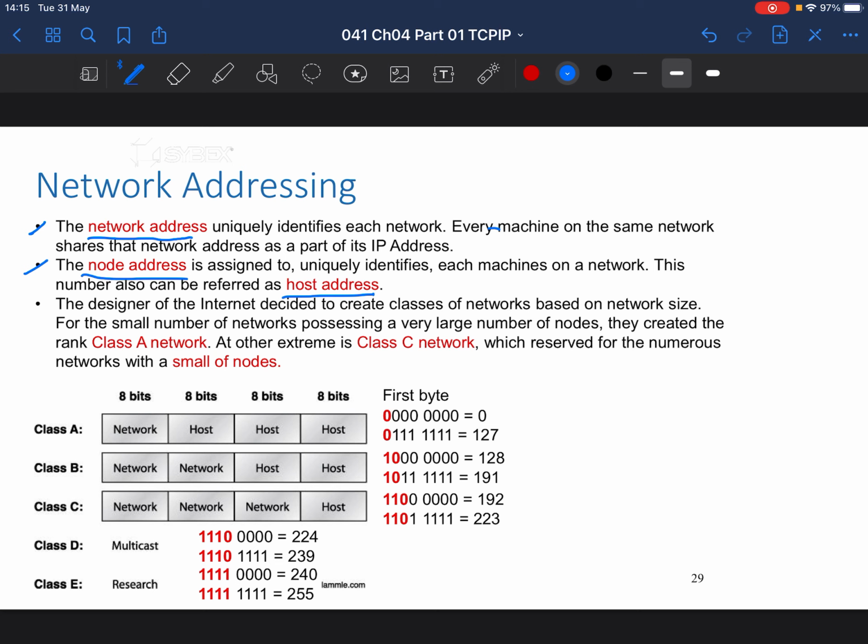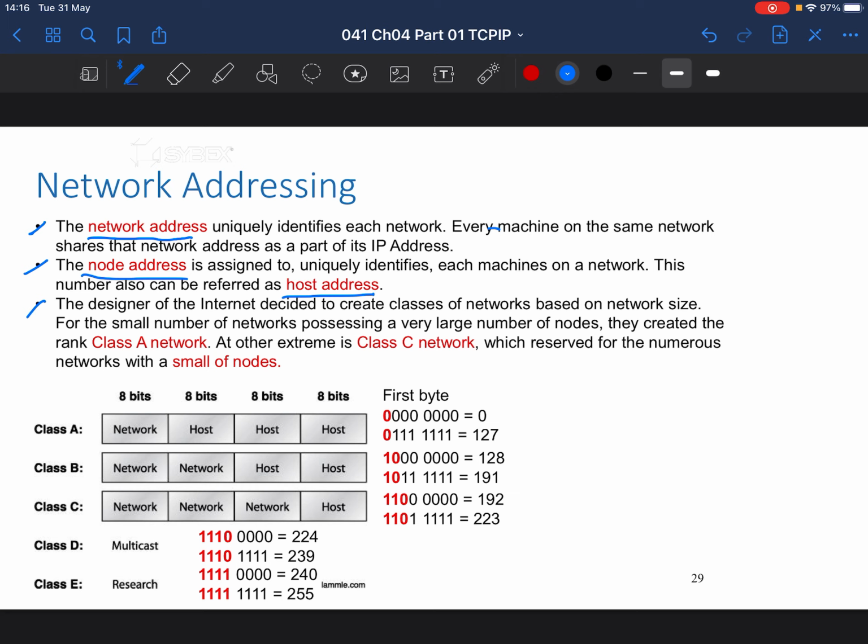The designers of the internet decided to create classes of networks based on network size. For a small number of networks possessing a very large number of nodes, they created the class A network. At the extreme is the class C network, which is reserved for numerous networks with a small number of nodes.